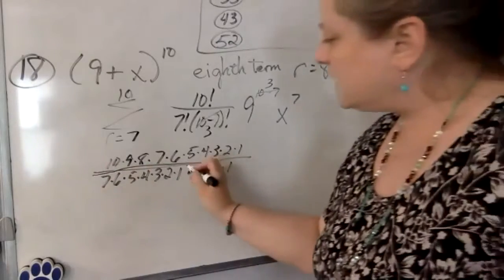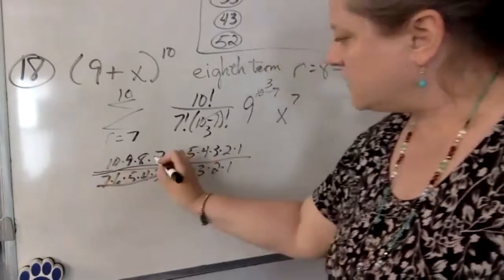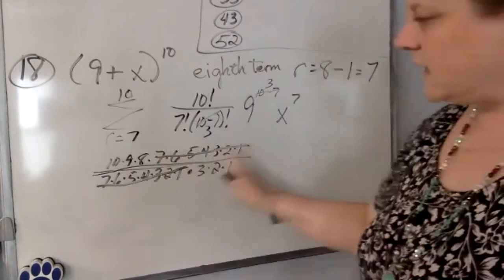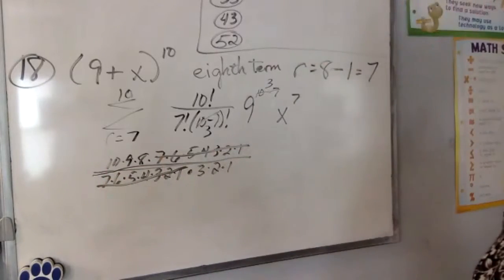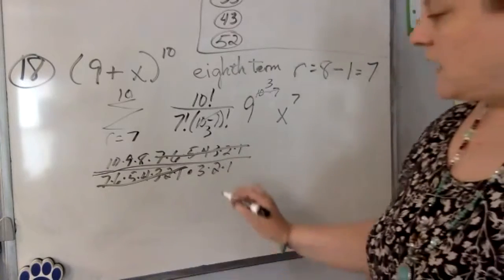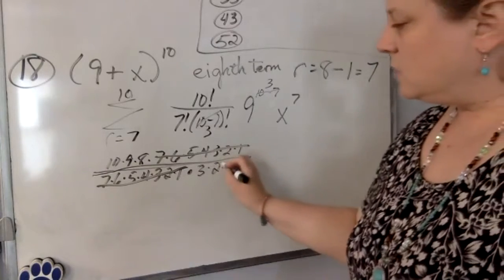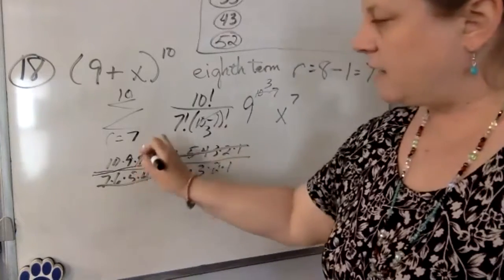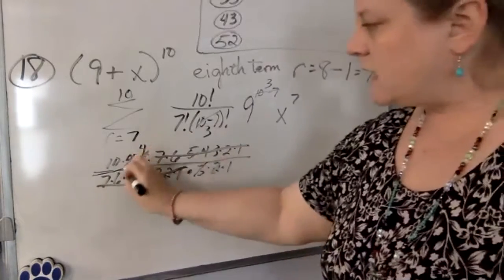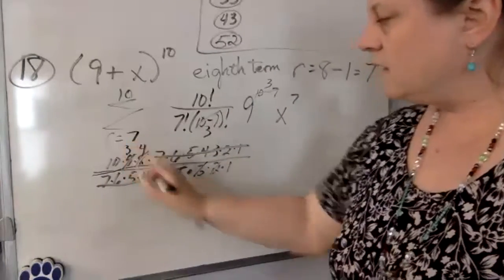Now, hopefully you should see all of this part cancels out all that part there. From 7 down cancels out with the 7 factorial on the bottom. Then I'll look and see if there's something else I can cancel. 2 goes into 8 how many times? 4. 3 goes into 9 how many times? 3.